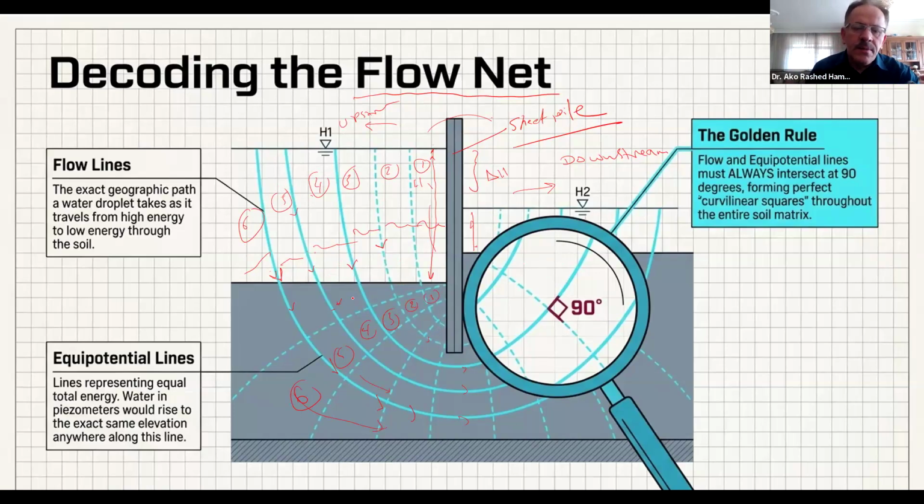Now, upon this flow, there will be pressure on the soil, right? Different points, different elements in the soil, have their own pressure.